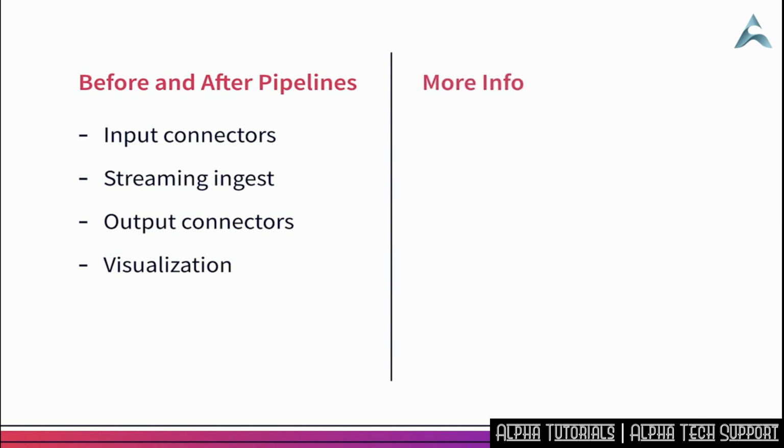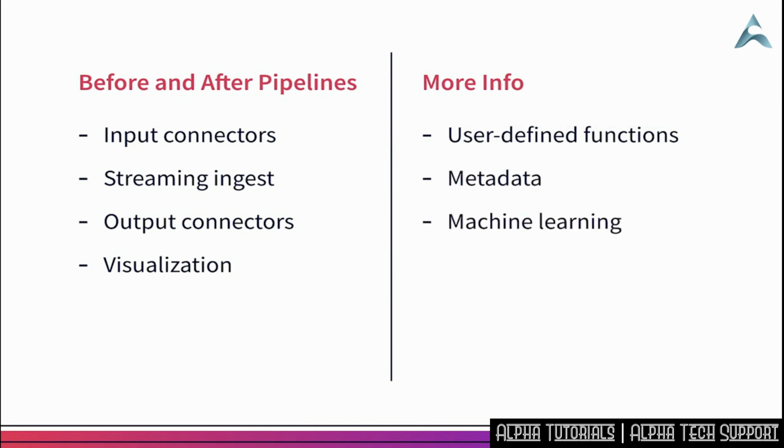Now, within Snowflake itself, in addition to a highly optimized storage and SQL engine, there are additional capabilities that make it compelling. These include user-defined functions, very rich metadata, and as of this recording, they have started to integrate machine learning through capabilities that allow the use of data frames from Apache Spark.